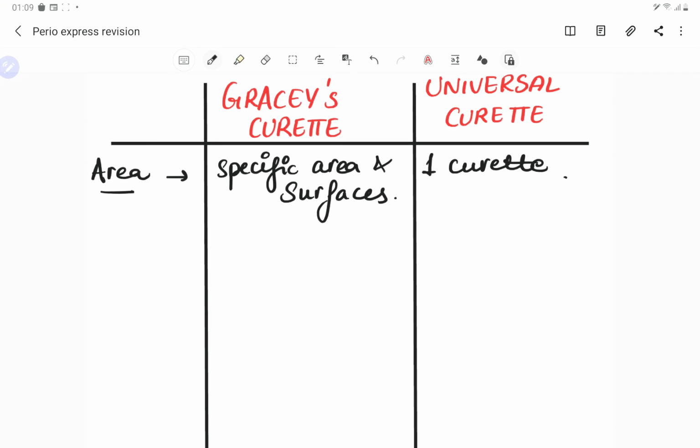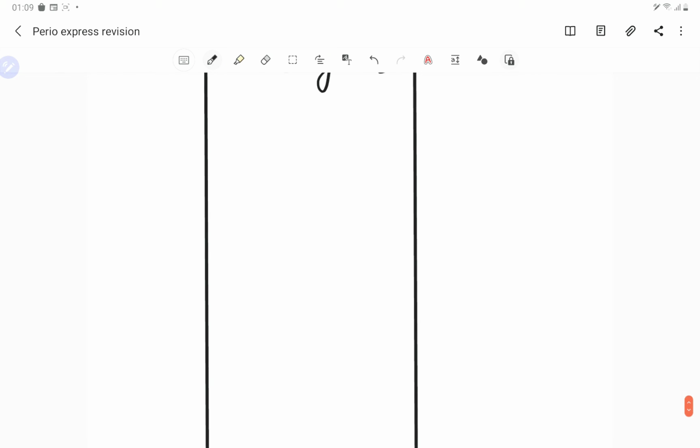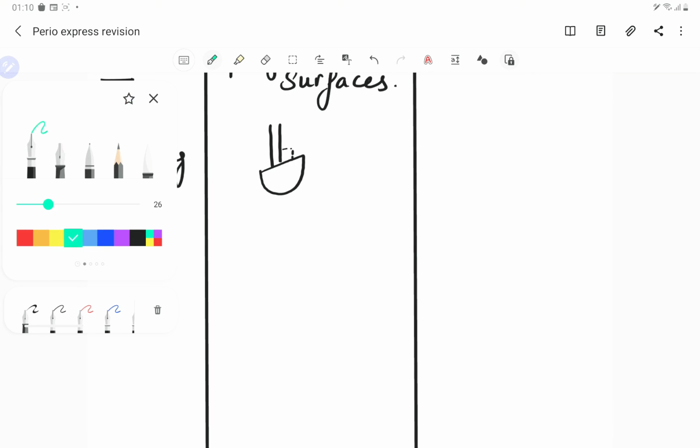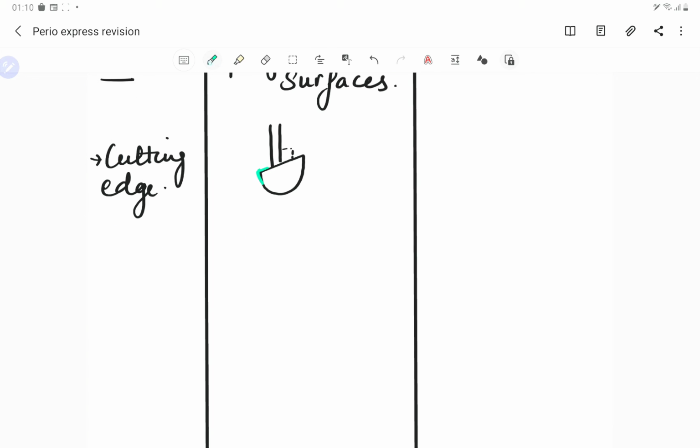is used. Now guys, what is the use cutting edge? If you remember the Gracie curette, so the Gracie curette is basically like this, right, which has got offset blade angle of 60 to 70 degrees and it has got only one cutting edge. So there is only one cutting edge.